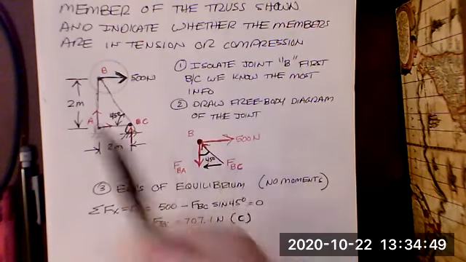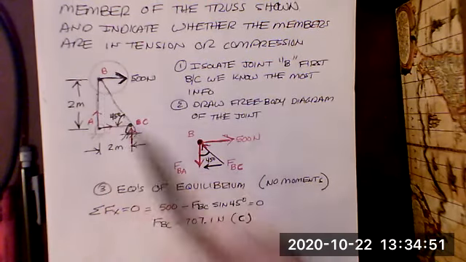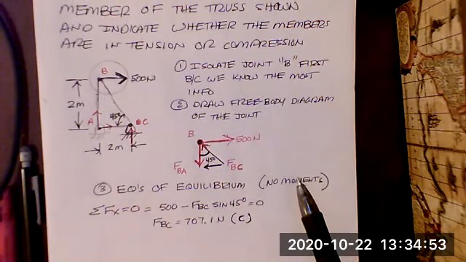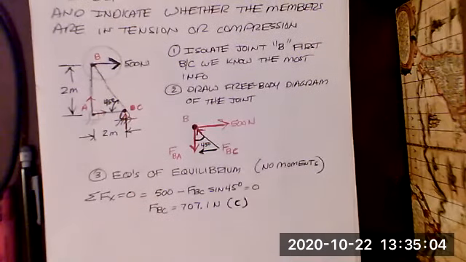But let's say this was a 30-degree angle and this was 60. Then you would do FBC sine 30, or you would do FBC cosine 60. You see what I'm saying? Either one would be okay. So now I'm really confused.